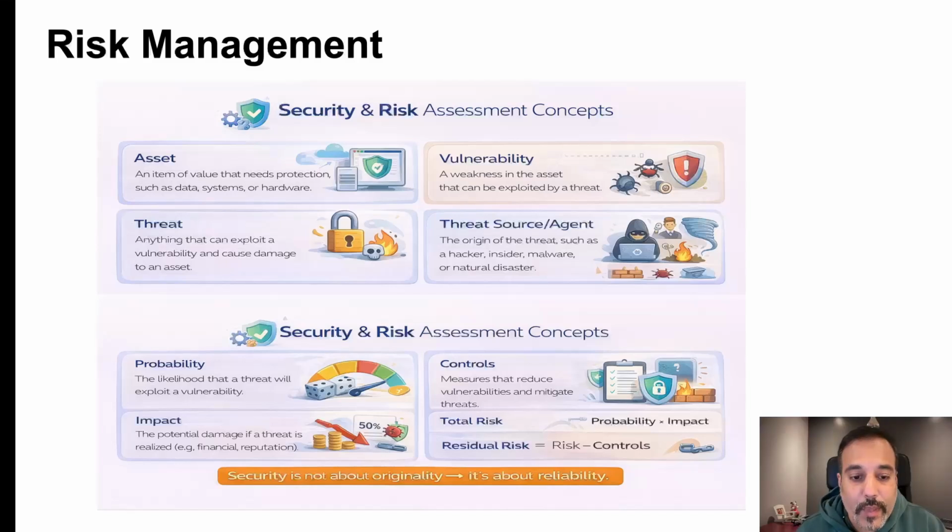Impact is about how bad things get if the attack succeeds. That can be financial loss due to fraud, regulatory fines such as GDPR, or loss of customer trust, which is a big thing. As you saw last year when the Marks and Spencer incident happened, they lost a lot of customers, including myself.